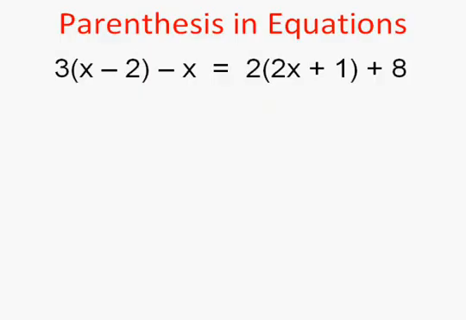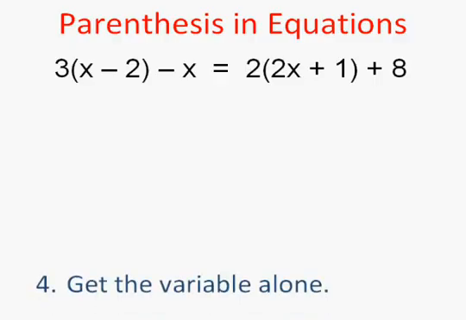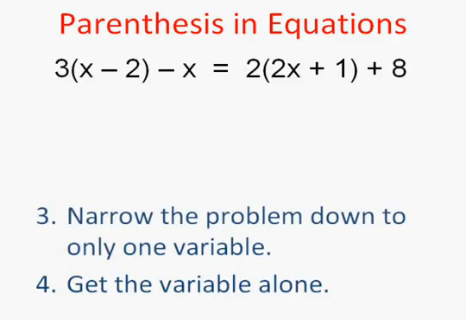We know that we're always going to want to try to get the variable alone, and of course, as we just showed you, we're going to use the order of operations backwards to do that. But we really can't get the variable alone until we only have one variable. So, before we did that, you may remember, we narrowed the problem down to only one variable, and my hint to you was to get rid of the smaller one.